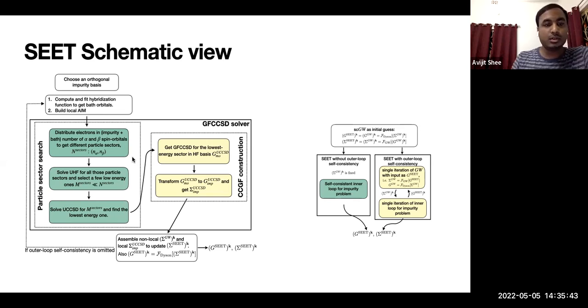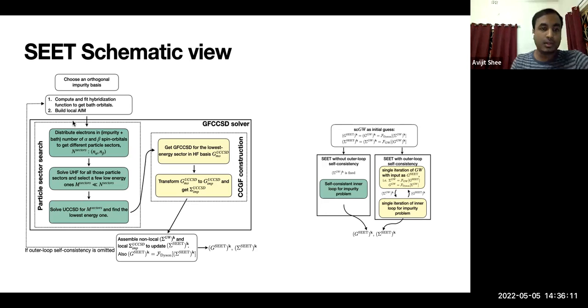First, for self-energy embedding theory, we choose an orthogonal impurity basis in which we create our impurity Hamiltonian, then compute and fit the hybridization function to get bath orbitals, then build the local Anderson impurity model.